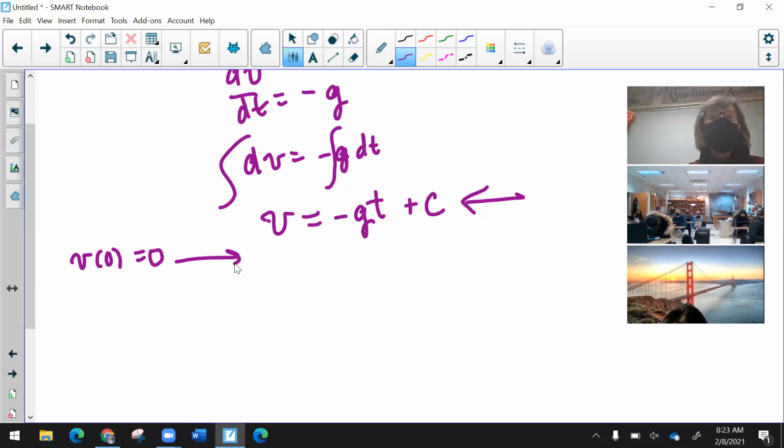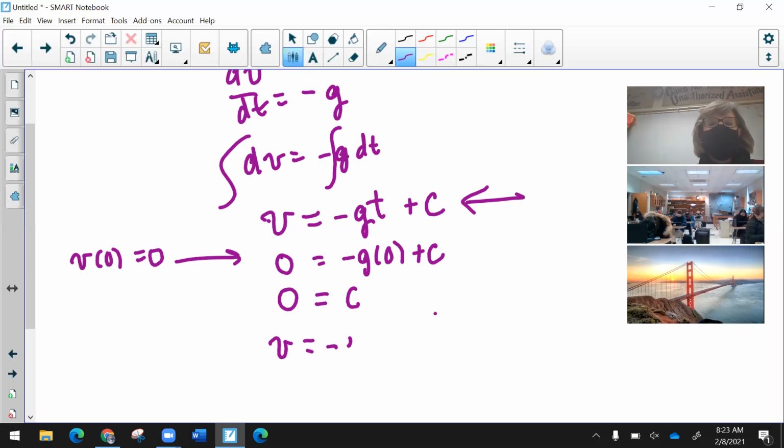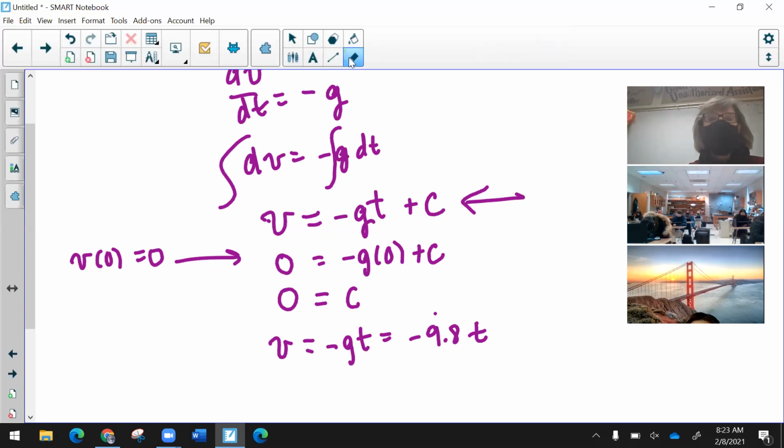So I'm going to use my point, and that says that v is equal to 0 when t is equal to 0. So that tells me that c is equal to 0. So my answer then becomes v is equal to negative gt, or negative 9.8t, which should look familiar.